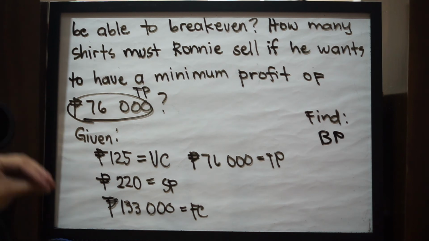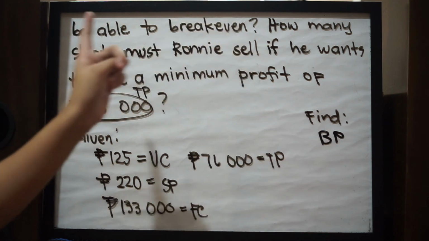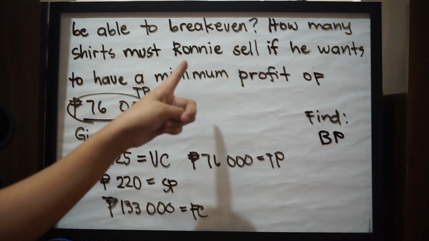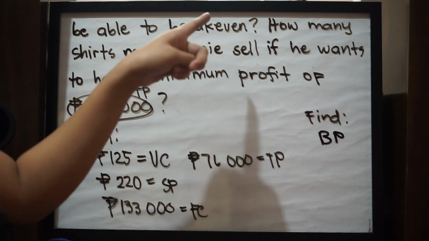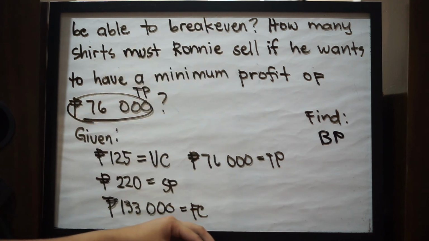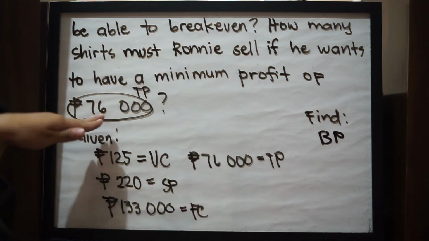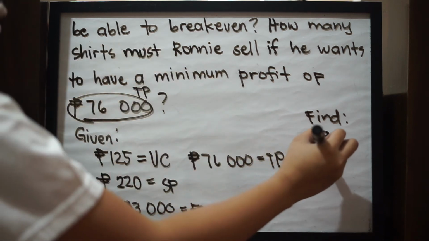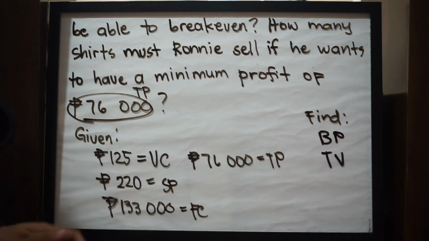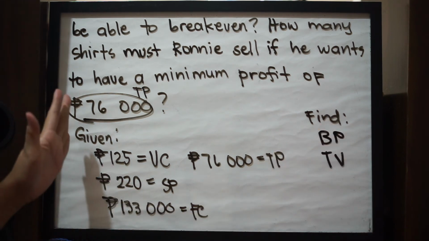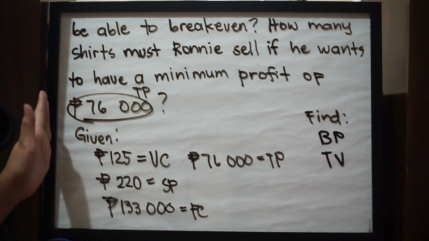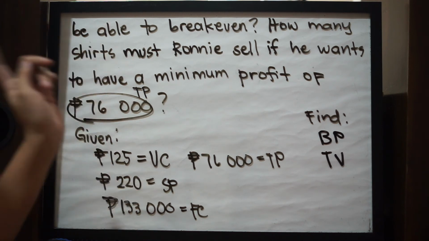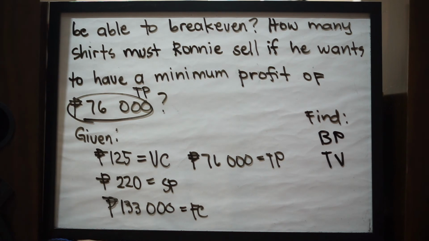Second question, how many shirts must Ronnie sell if he wants to have a minimum profit of 76,000 pesos? Quantity pa din yung hinihingi niya, pero may target profit na. So, ang hinahanap natin na isa ay target volume. Yung target profit ka-partner niya lagi si target volume. So, pag may nakita kayong target profit, tas tinatanong is how many, automatic target volume yung hinahanap.